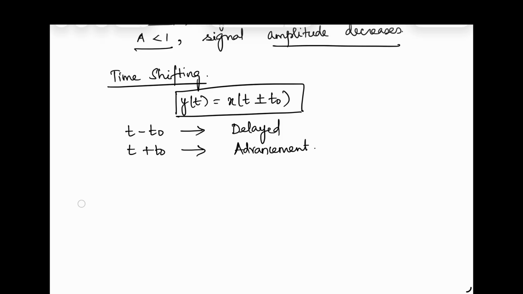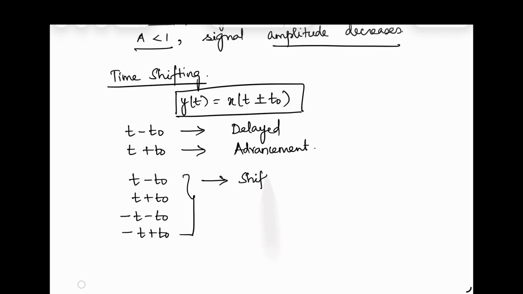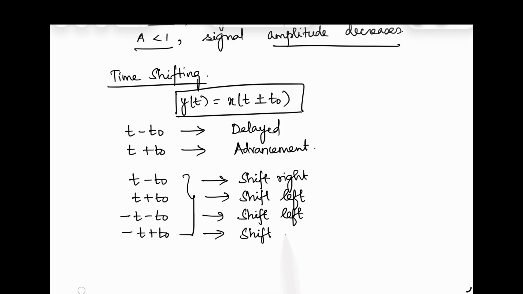And one more clue I will give you to do the problems. There are four conditions: t minus t naught, t plus t naught, minus t minus t naught, and minus t plus t naught. If it is t minus t naught, you need to shift the signal to the right. If it is t plus t naught, shift the signal to the left. Minus t minus t naught, shift the signal to the left, and minus t plus t naught, shift the signal to the right.